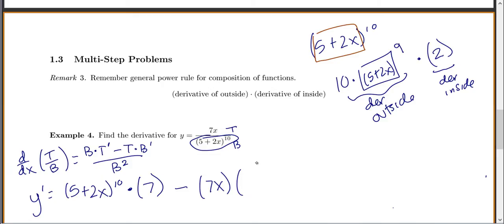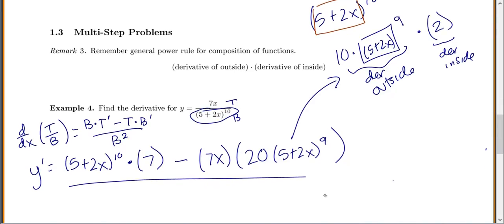And so inside my quotient rule, I kind of stop. I go off to the side. I say, what would that derivative be? So I had to use my general power rule, but I finally figured out it says 10 times everything times 2. So let's simplify that to 20 times 5 plus 2x to the power of 9. All over my bottom squared. So 5 plus 2x to the power of 10, and then I square all of that.